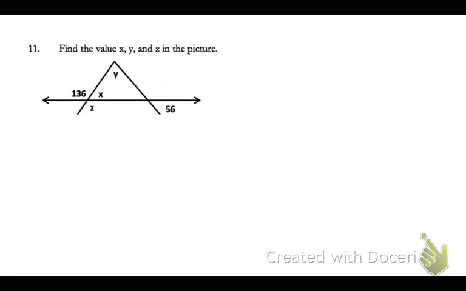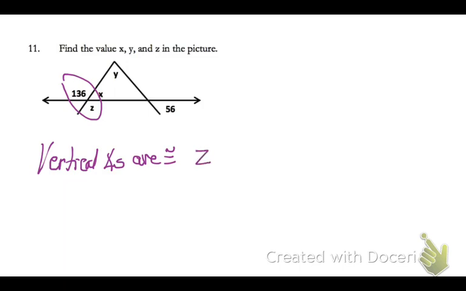On problem 11, find the value of x, y, and z, and these are all angles. We'll notice that across from angle z is 136 degrees. Those are vertical angles and therefore congruent, because all vertical angles are congruent. So angle z equals 136. Well, would you agree that angle z and angle x form a linear pair?